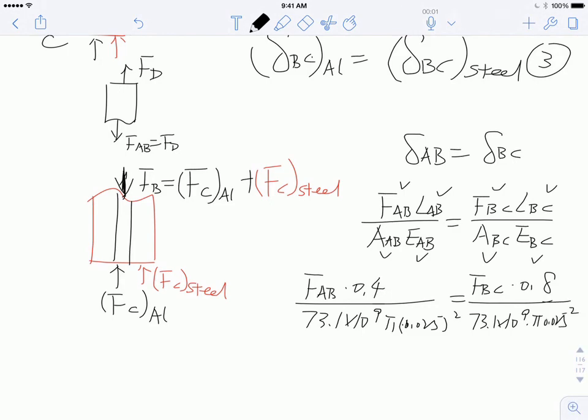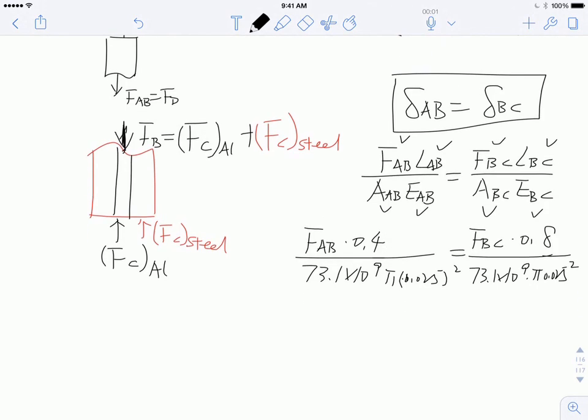Now here's the important part. AB and BC are the same, right? We also know the displacement of BC. So basically, there's two parts. One, the displacement of the aluminum in section BC, and the other one is the displacement of steel in BC. They are the same, so whichever one you pick is the same.